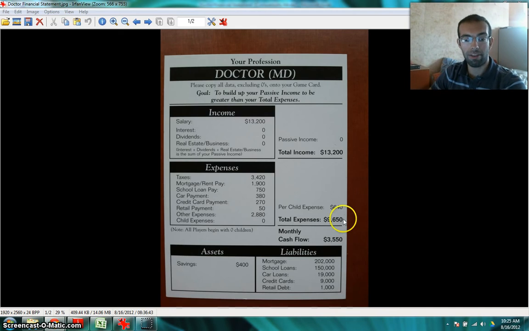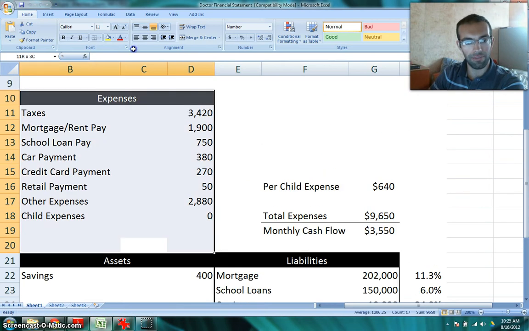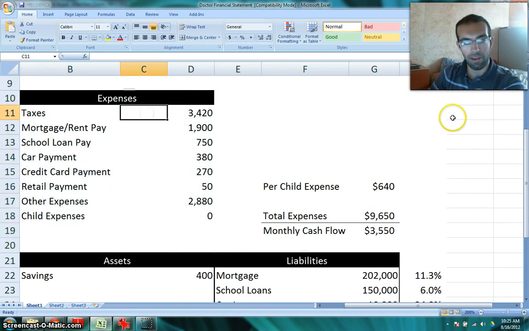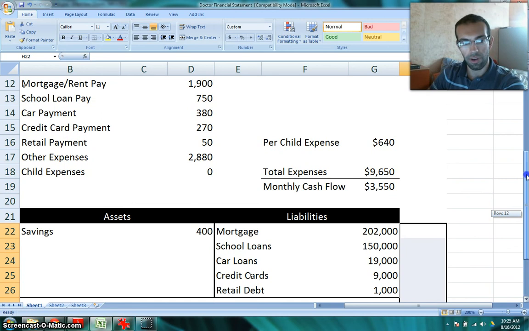So how do you go about determining which liabilities to pay off first? Right here I have transferred the doctor card to an Excel statement, and what I like to do is calculate what the interest is that I'm paying on my expenses. Let's take this mortgage line right here.